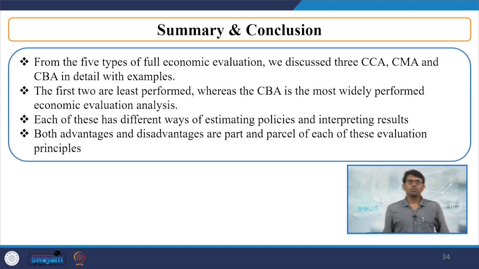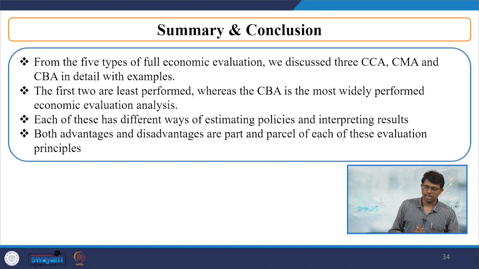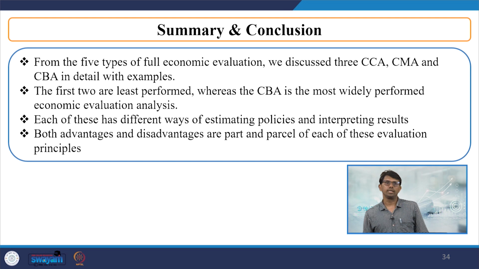After looking at all those 5 methods, of the first 3 we have carefully observed the CBA approach, and the last 2 are also discussed. From the 5 types of full economic evaluation we discussed 3, that is CCA, CMA and CBA, in detail with examples.